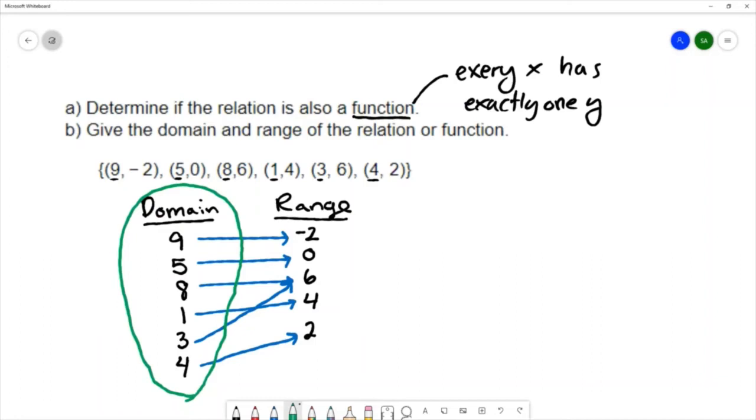And what you're looking for is how many connections each x has. Every x should have exactly one connection or one y value. So this 9 has one connection, 5 has one connection, 8, 1, 3, and 4 all have one connection, so we would say that this relation is a function.